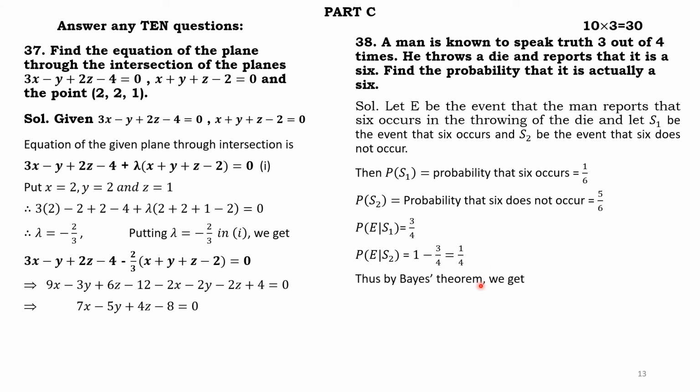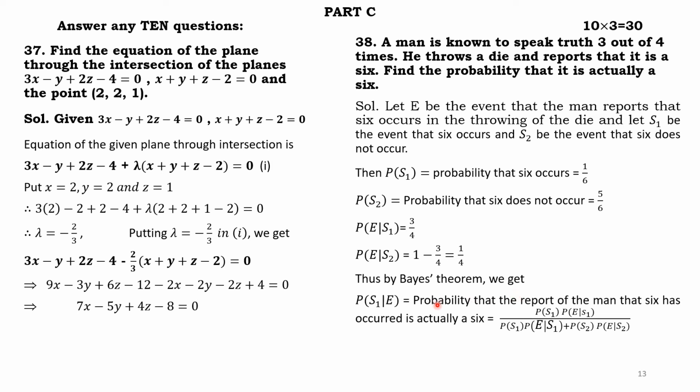Thus, by Bayes' theorem, we get conditional probability of S1 given that E has occurred, that is probability that the report of the man that 6 has occurred is actually a 6, is probability of S1 into conditional probability of E upon S1 divided by probability of S1 into conditional probability of E upon S1 plus P of S2 into conditional probability of E upon S2.